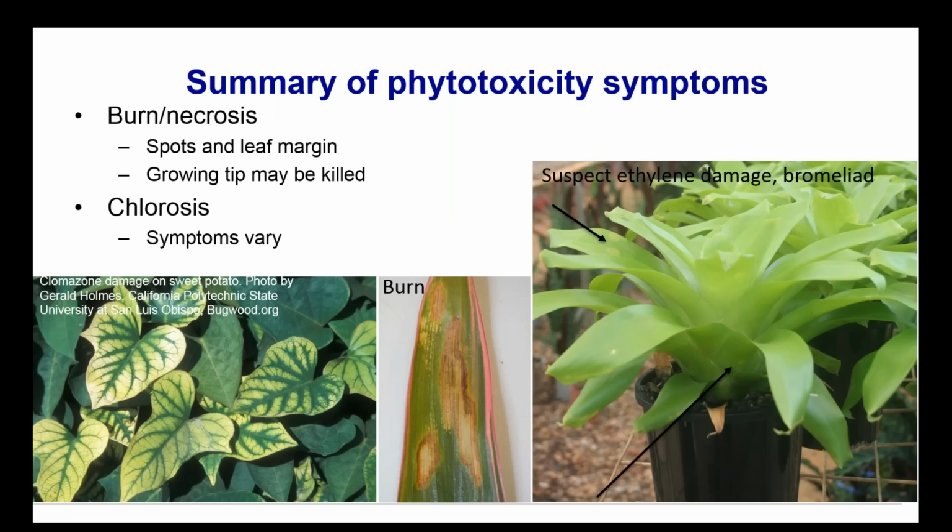And in general, the symptoms caused by phytotoxicity can be summarized into about 4 main categories. So burn, necrosis, whether you get spots or lesions, like in this middle section, or a chlorosis, interveinal chlorosis, which can look similar to nutrient deficiency, but in this case it's from a product that's been applied.